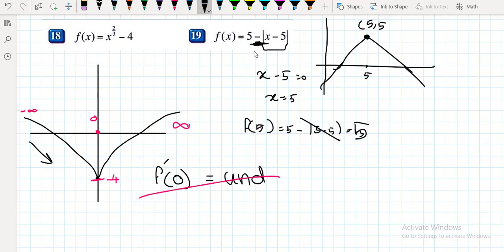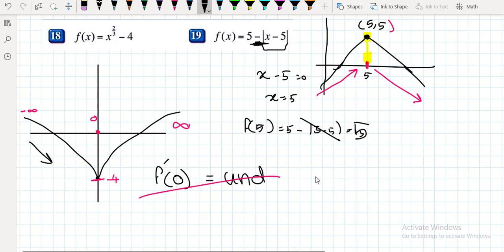Now, if I want to find interval of increasing, that is easy, from -infinity until 5. Interval of decreasing is from 5 until +infinity. At which value f prime is undefined? F prime will be undefined at the sharp corner, and the sharp corner happens at x equal to 5.